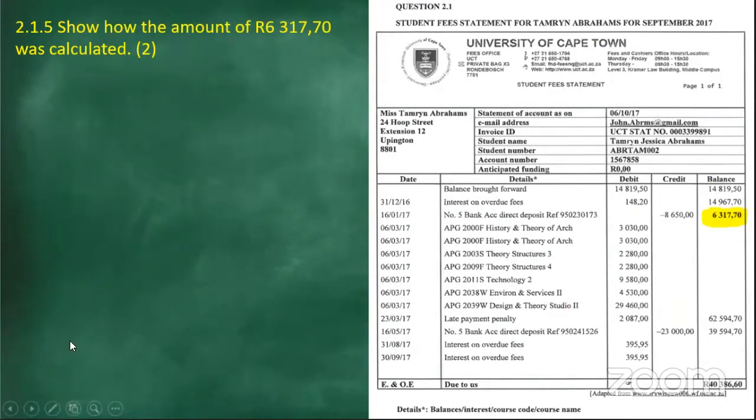Is anyone preparing an answer or should I give you the answer? Okay, Genesis is saying they deducted 8,650 from 14,976 and 70 cents. Yes, that is very correct, Genesis.